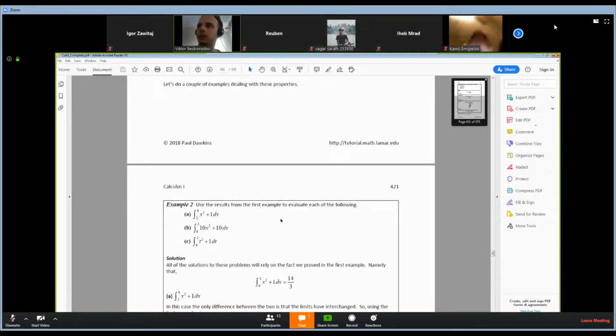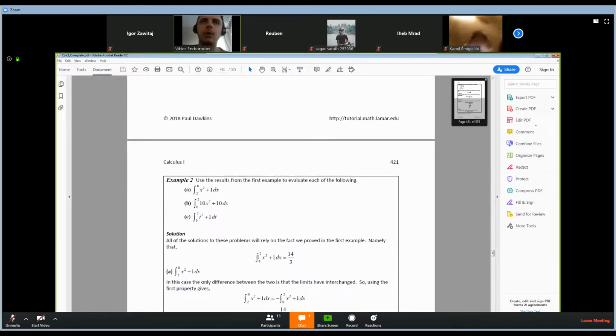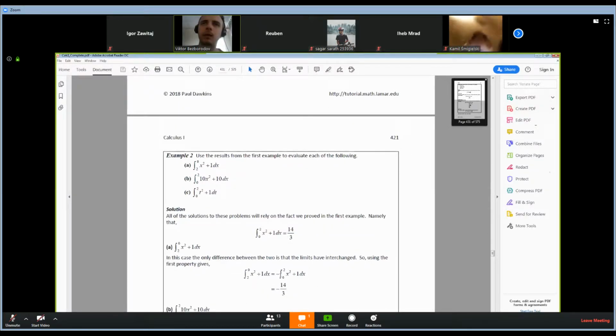In this manuscript they do not do it, but typically this is how it's done. So this integral is from 2 to 0, and remember, you can swap the limits by adding a minus in front. So minus the integral from 0 to 2 of x squared plus 1.